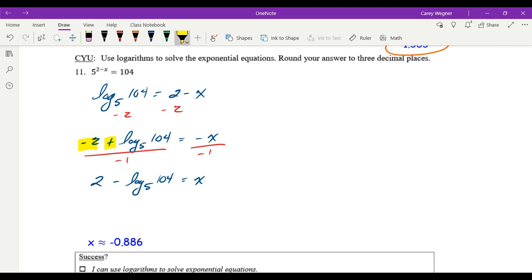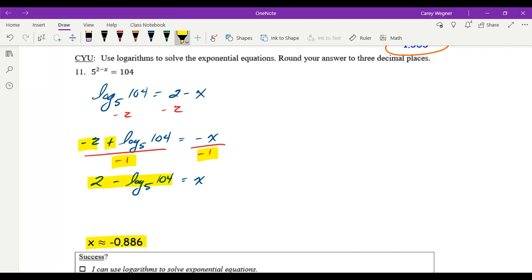For this question, I was thinking ahead, recognizing that I was going to be dividing by -1, which would change my signs. And so I just liked how this answer would look, rather than doing the negative log base 5 of 104 plus the 2 afterwards. Here's the answer we should get when we plug it into our calculators to get an approximate decimal value.